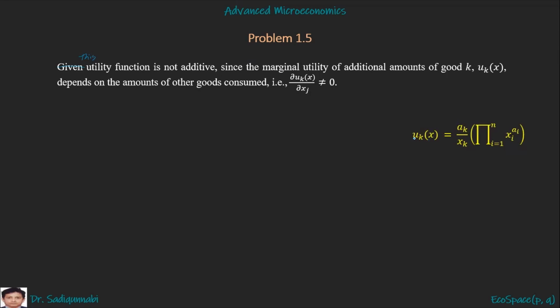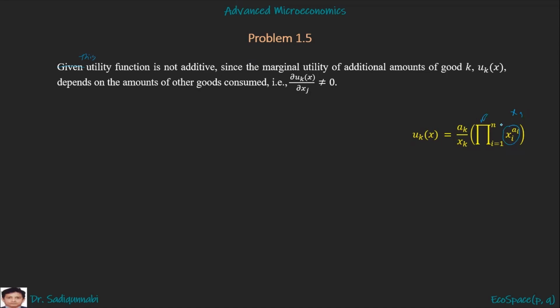Because this is a multiplication, we cannot avoid any xj, whether it is x2, 3, 4, whatever.